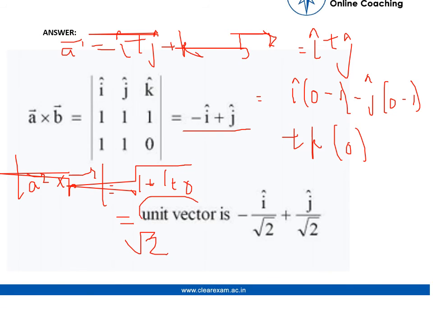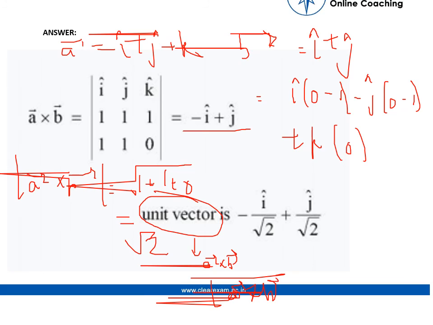So the unit vector here is given by the formula cross product of A and B upon magnitude of A and B, which is given by minus i upon root 2 plus j upon root 2, which is the final answer.